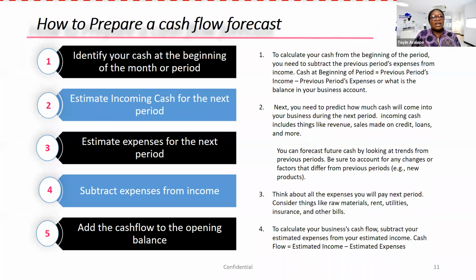So we're going to move faster now. I've laid the foundation. So how do you prepare your cash flow forecast? You need to identify what is the cash you have at a particular time. And that's the reason why your bank statement is extremely important, so that you have a single source of reference. You can have several sub-accounts, but you're in such a comfortable position that at any point in time, you can ascertain how much cash you have.